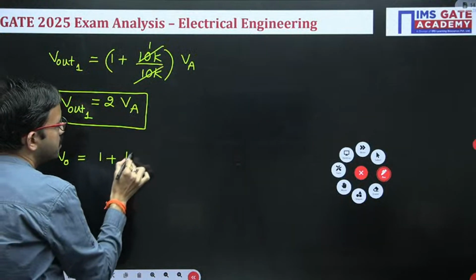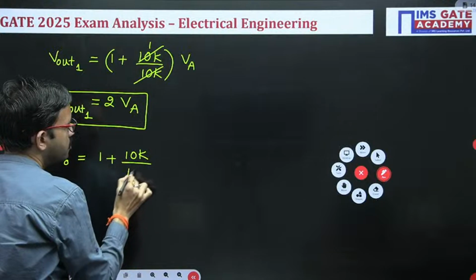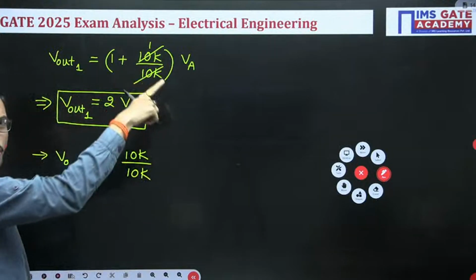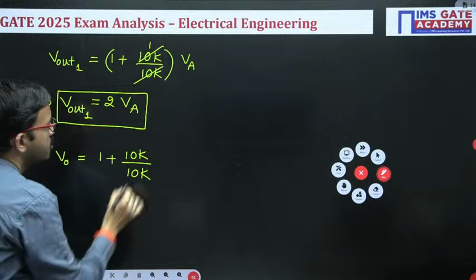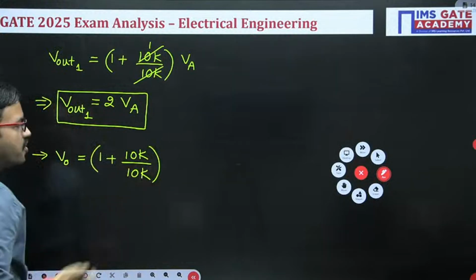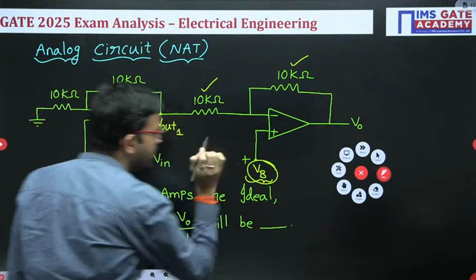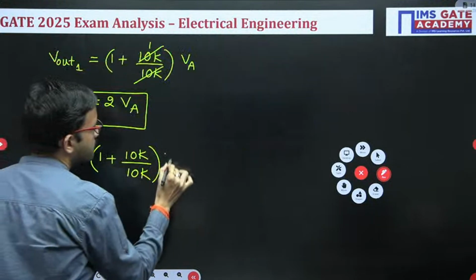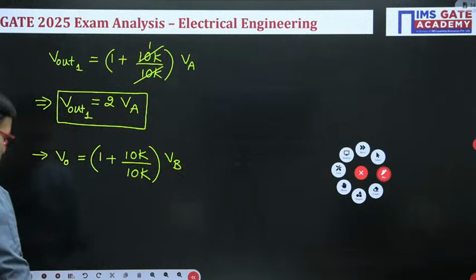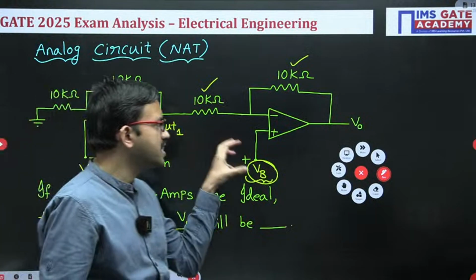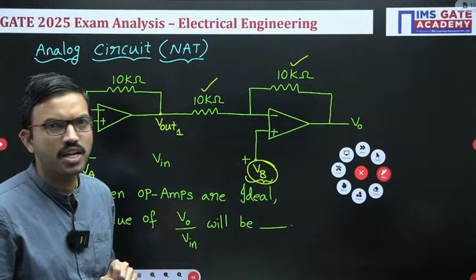Just for reference I am mentioning, but you can do this calculation because you have just done it, no need to repeat. So just in one step you can write 1 plus RF by R1. Now in this case the voltage here is VB. So that is when you have considered only the voltage at the positive terminal, or non-inverting terminal.